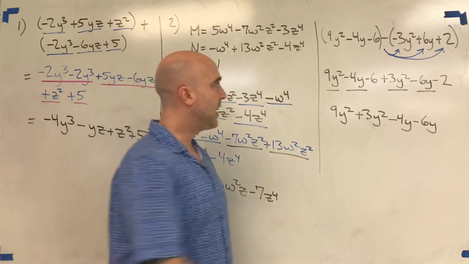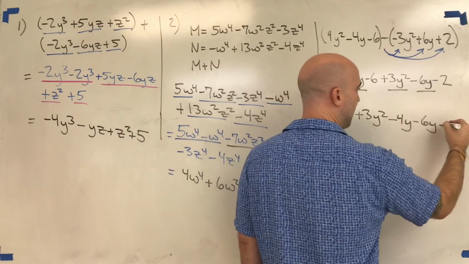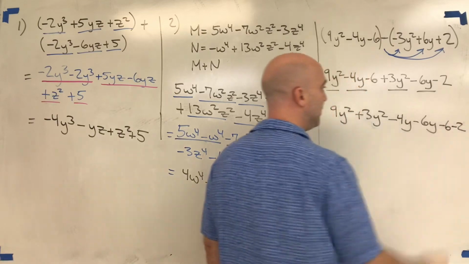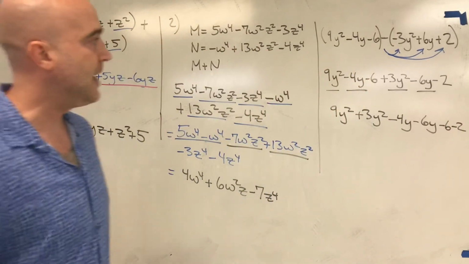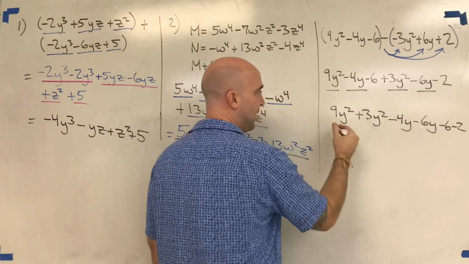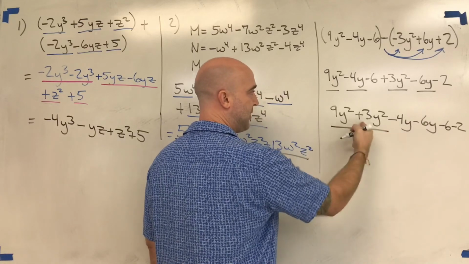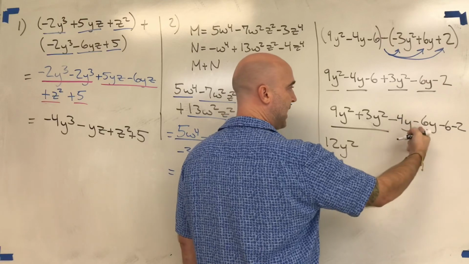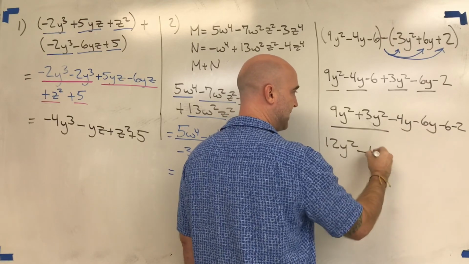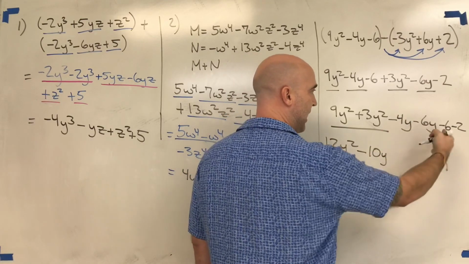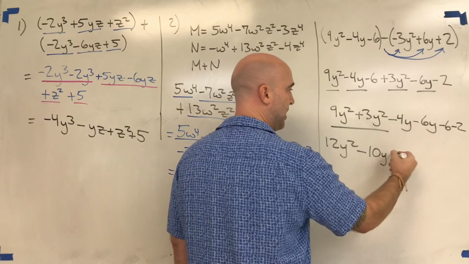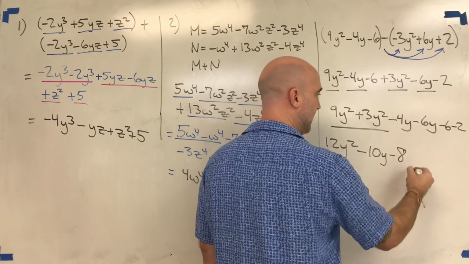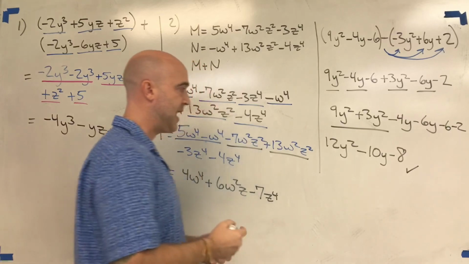And I have a minus 6 and a minus 2 right there. All right, putting these together, 9 and 3 make 12y squared. Negative 4y and negative 6y make minus 10y. And negative 6 and minus 2 make negative 8. And everything looks good on that one too.